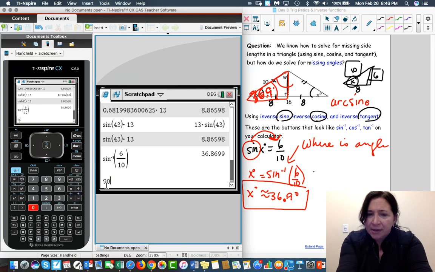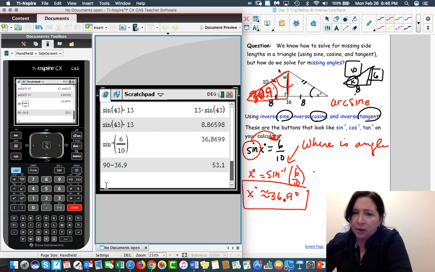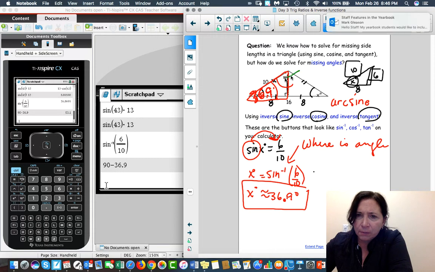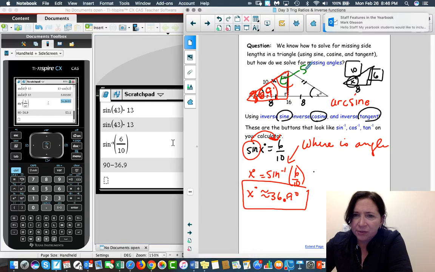I just type in 90, subtract that answer, which is 36.9 degrees, and I go enter. And my other angle up top, this angle right here, is going to be 53.1 degrees.